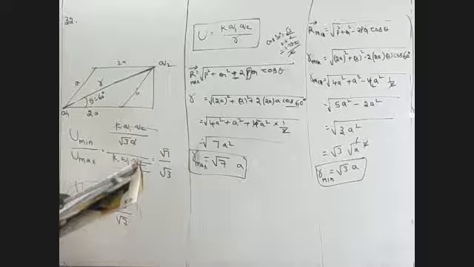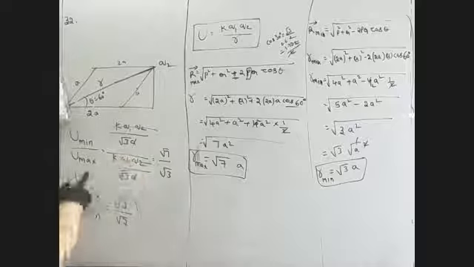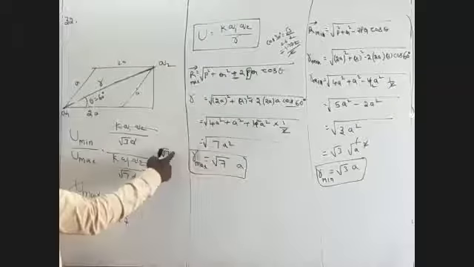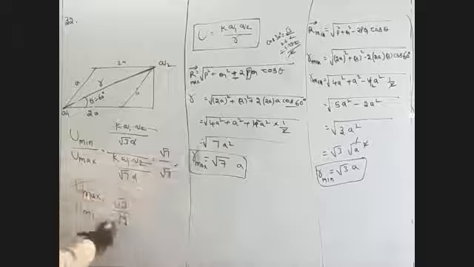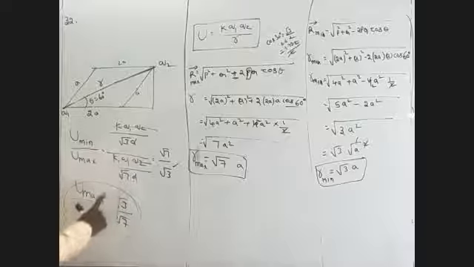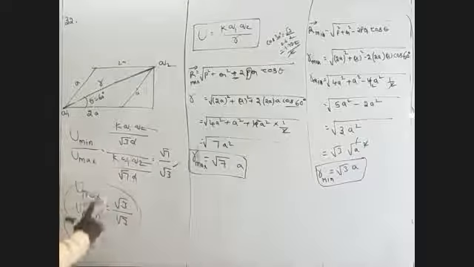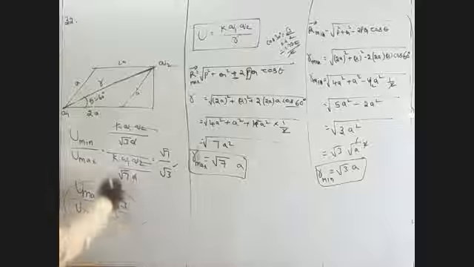But in your question, number 32, the given option is wrong. Otherwise, you can change the question: if it asks for U minimum by U maximum, that is root 7 by root 3.